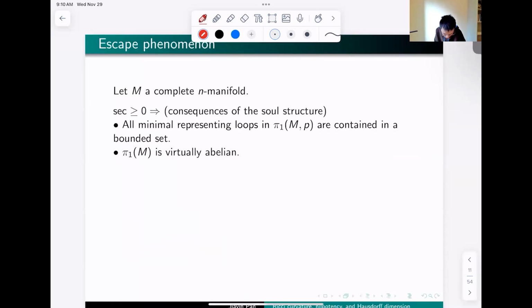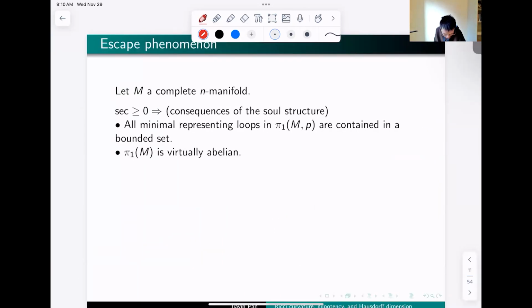Okay, so let me say a few words on this so-called escape phenomenon. It means the minimal representative loop of your fundamental group can escape any bounded sets, as we see in Nabonnand's example. So for non-negative sectional curvature, it's a consequence of the soul structure that this phenomenon will not happen. So all the minimal representative loops will stay in a bounded set, regardless of what your base point is.